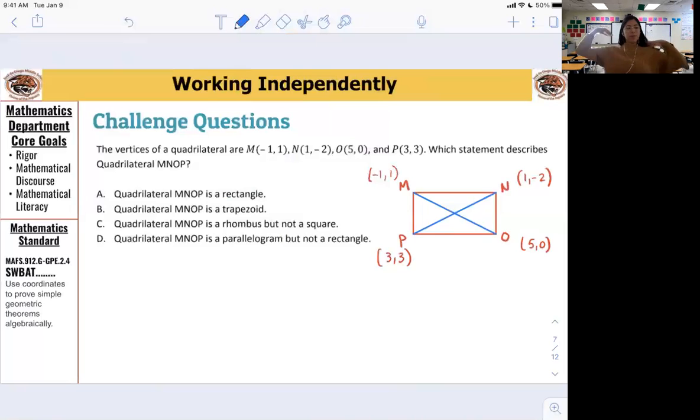At least try to get rid of one answer, if not two or more.